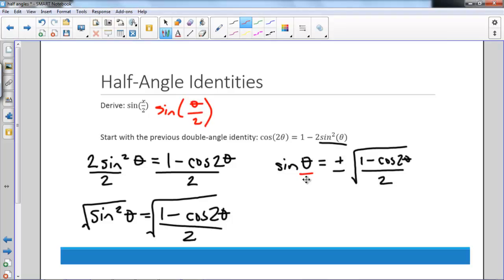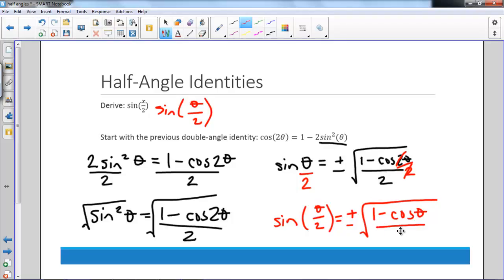Now I need to divide my angle by 2. So over here I also need to divide that angle by 2. And I'm going to be left with sine of theta divided by 2 equals plus and minus the square root of 1 minus, here my 2's will cancel, so I'll be left with 1 minus cosine theta divided by 2. And this is going to be our first half-angle identity for sine.